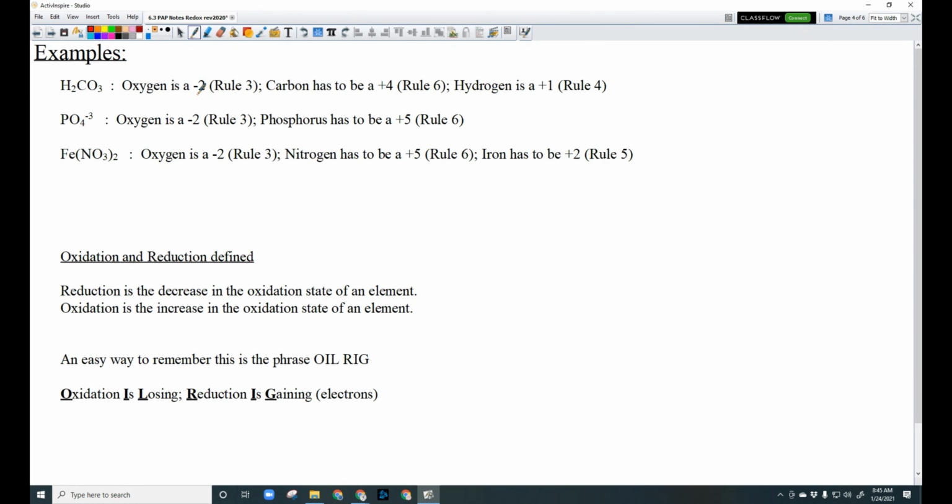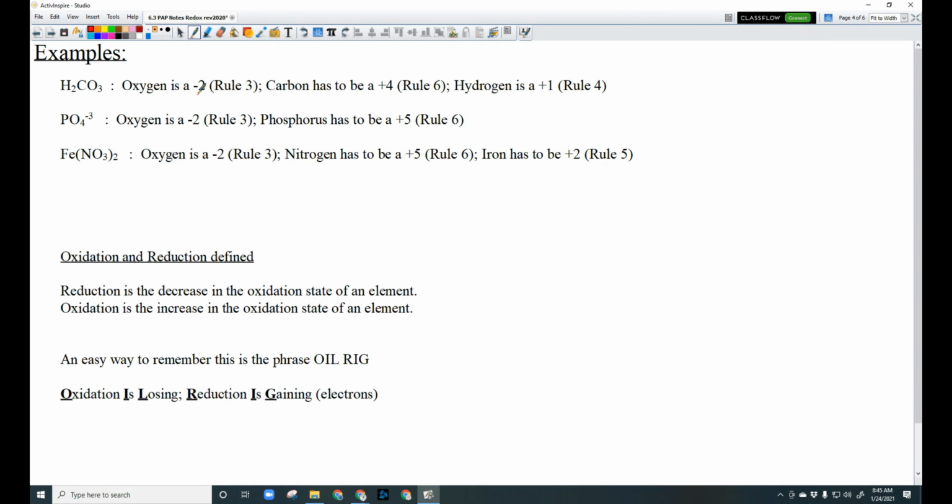Okay. Now, since CO3, let me just write this separately. Carbonate, okay, is a polyatomic ion with a -2 charge. If each one of these oxygens is a -2 and we have 3 of them, that's a -6 total, right? Well, the carbonate ion overall is a -2.